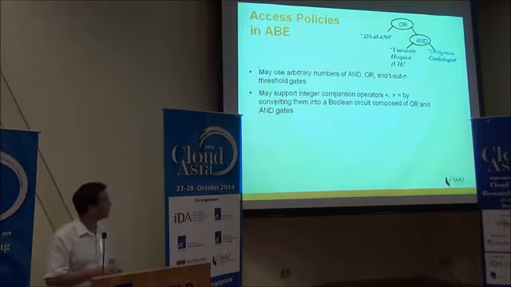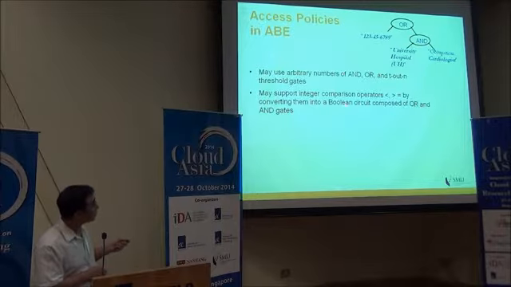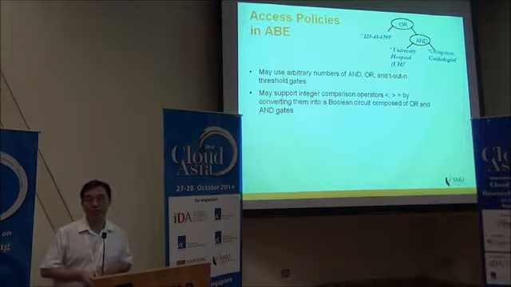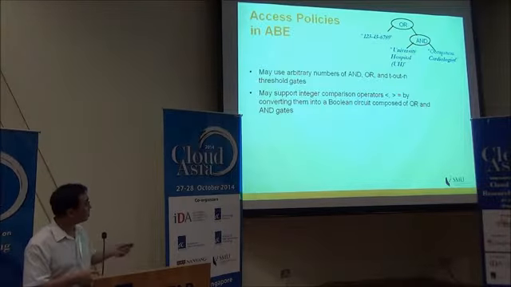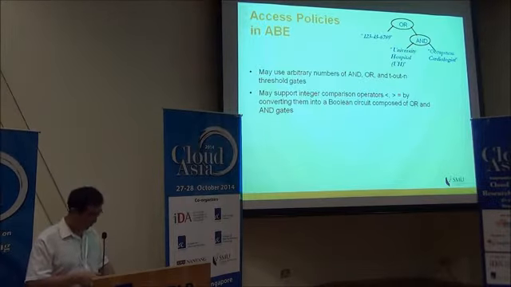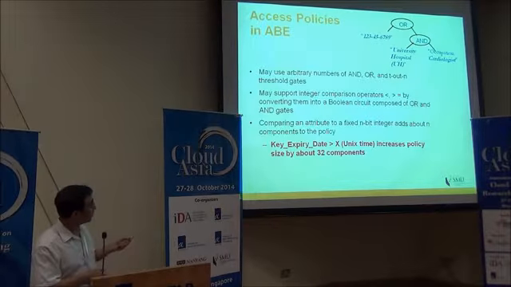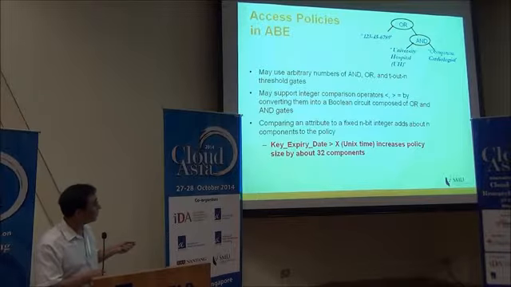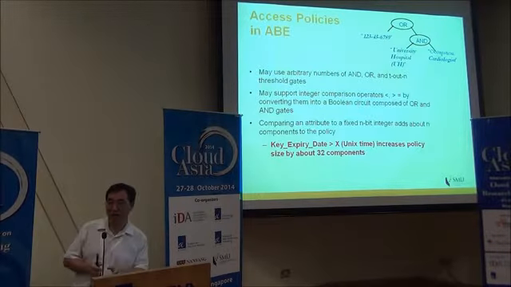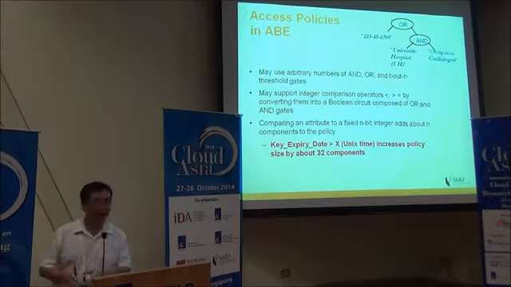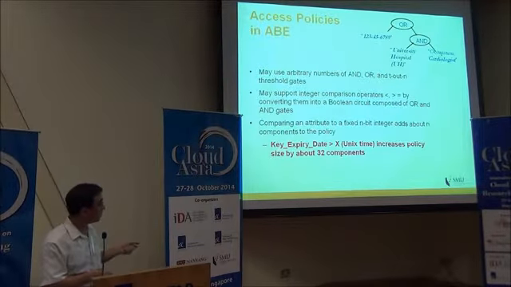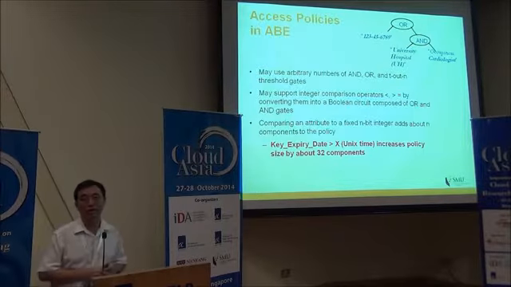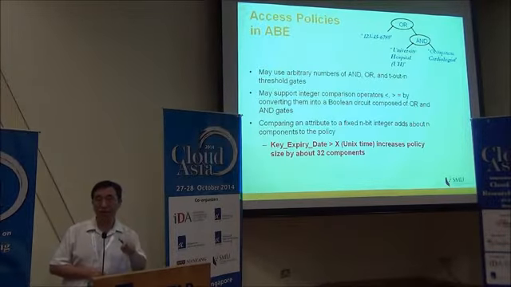For example, it can support integer comparison operations: larger than, less than, or equal to. But when you support this integer comparison, for example, if we have a Unix time, the expiry time must be larger than X. This condition can be expressed in the access control policy, but not as one node.